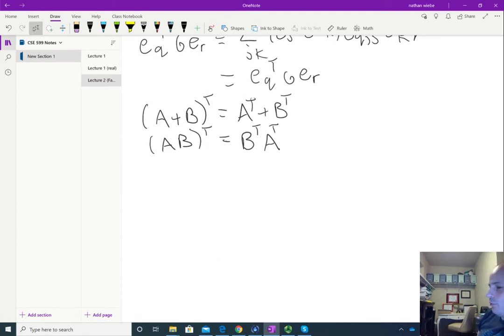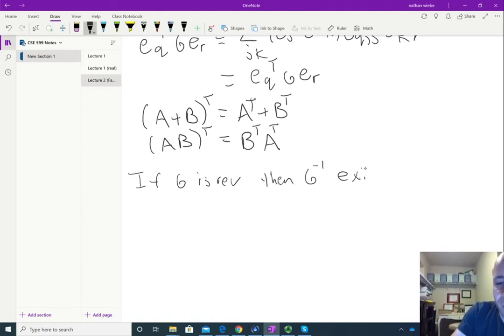So now that we've done that, let's move forward on the actual proof. If G is reversible, then G inverse exists.